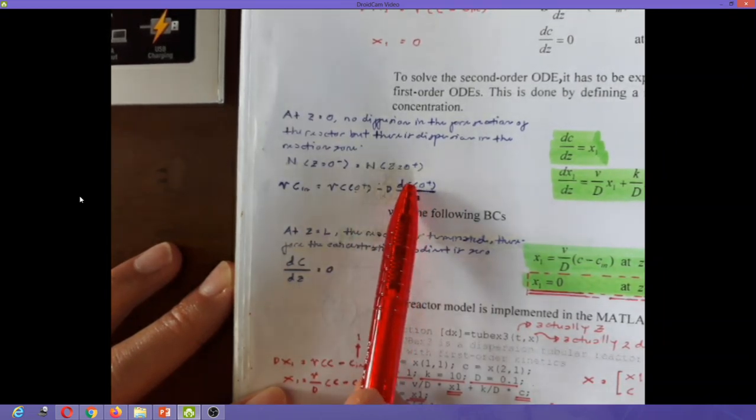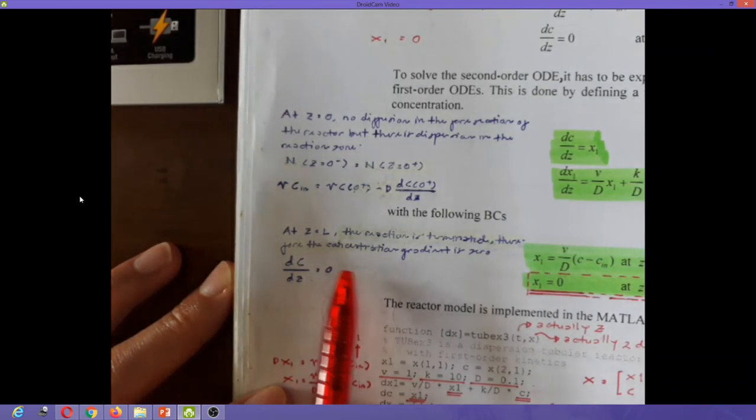You equalize the one before the inlet with the one just after the inlet. Then you get these things in here. Okay, at Z equal L, the reaction is terminated, therefore the concentration gradient is 0.